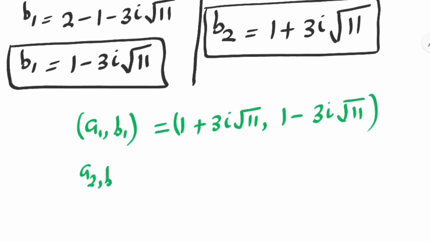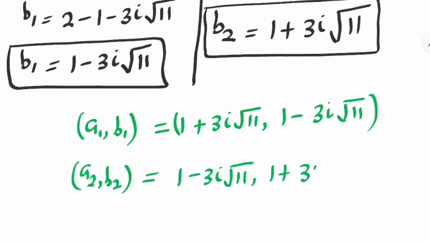A2, B2 is equal to 1 minus 3i square root of 11, 1 plus 3i square root of 11. You can see that the value of A1 here is equal to the value of B2 here, and the value of B1 here is equal to the value of A2 here.